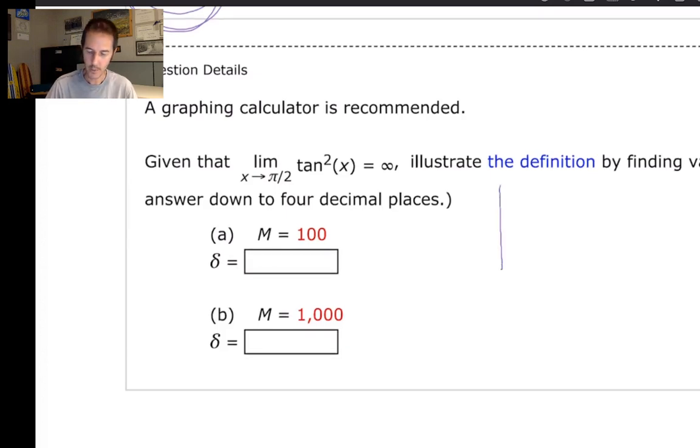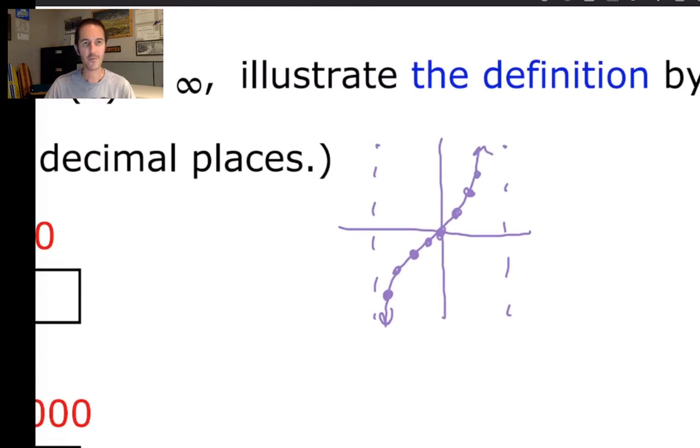Remember that the tangent graph, which I drew just a couple of slides earlier, looks like this. And tangent squared would take the y value of every point on this graph, including at the origin and in the first quadrant. Imagine taking all of those points, keeping their x values the same, but squaring their y values.